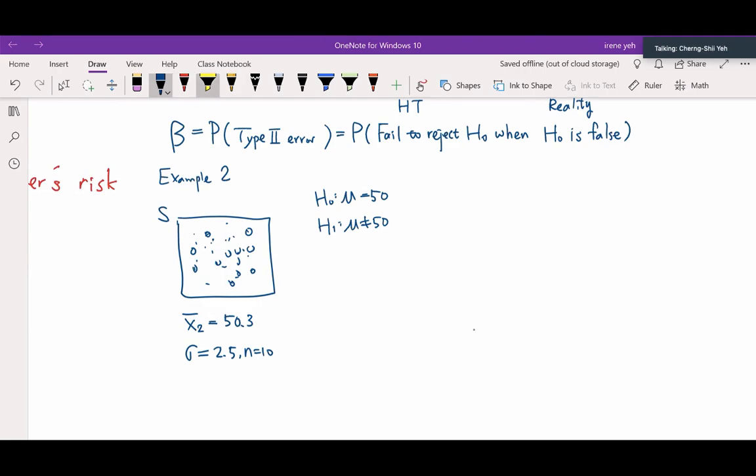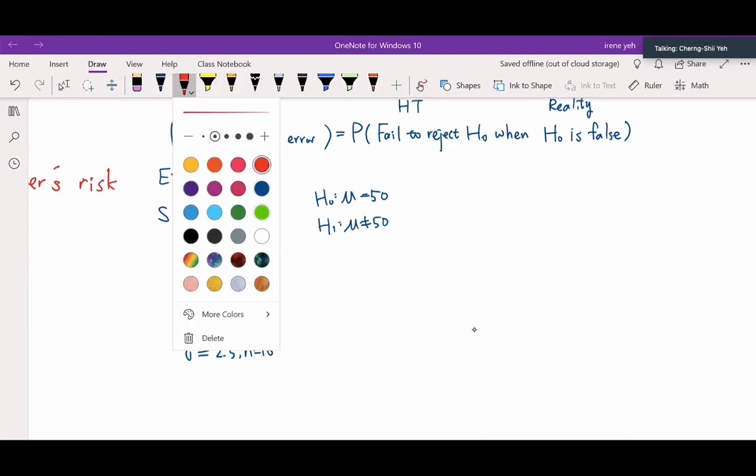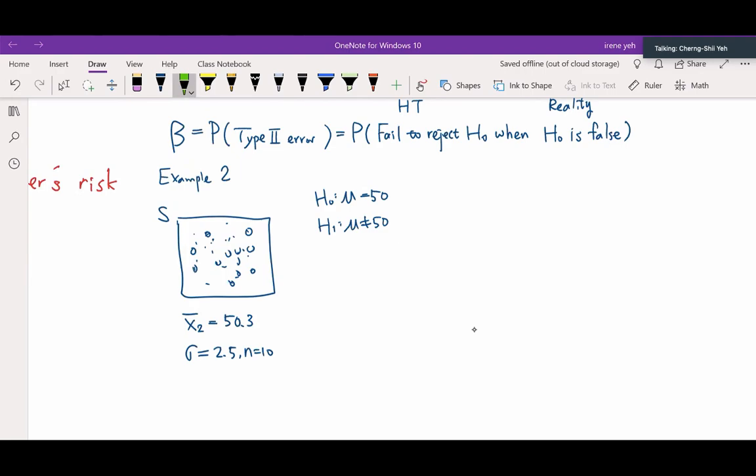In this situation, I will change the reality. Let's say the true population mean is 52. That's different from our example one.